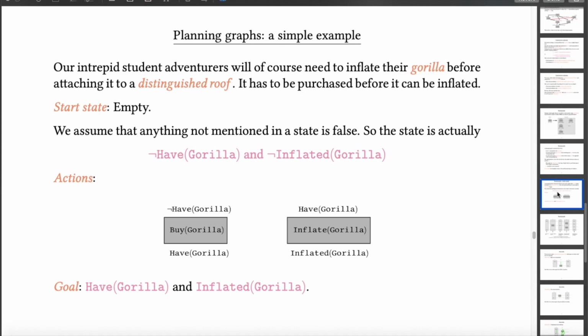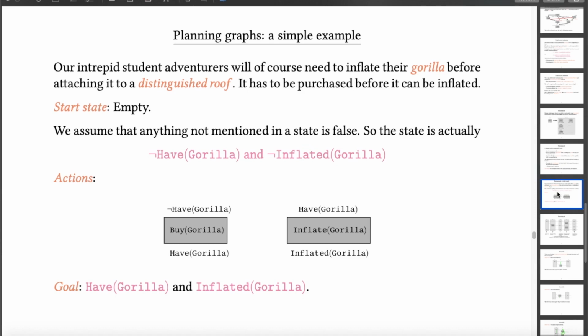So here's an even simpler planning problem. Initially we have a start state which is empty, and I'm going to use the underlying assumption here that anything that's not specifically mentioned in the state is false. So the start state for this problem is in fact that we don't have a gorilla and the gorilla isn't inflated.